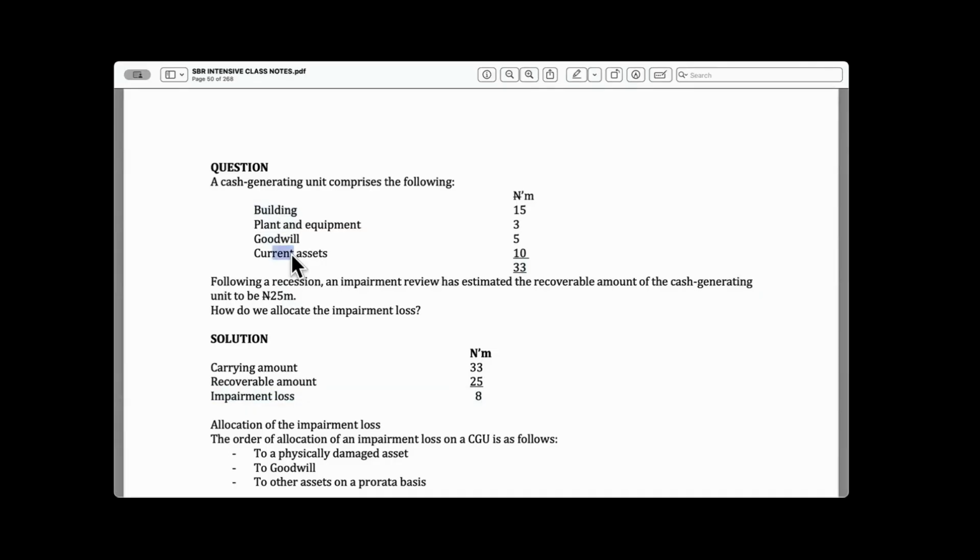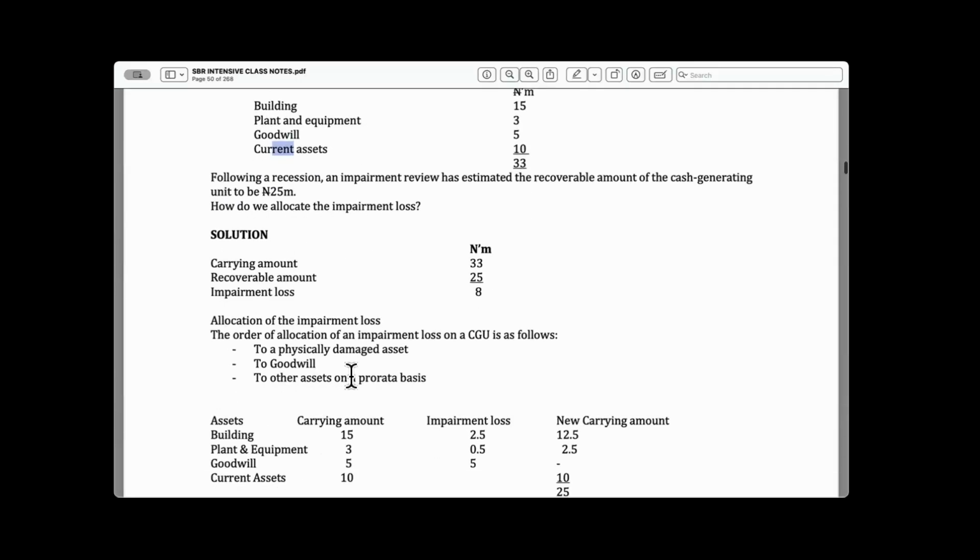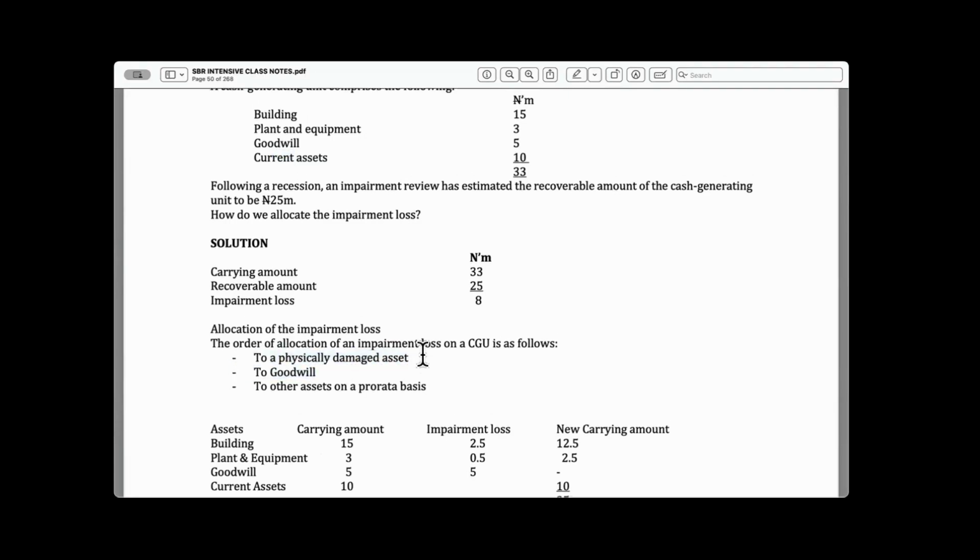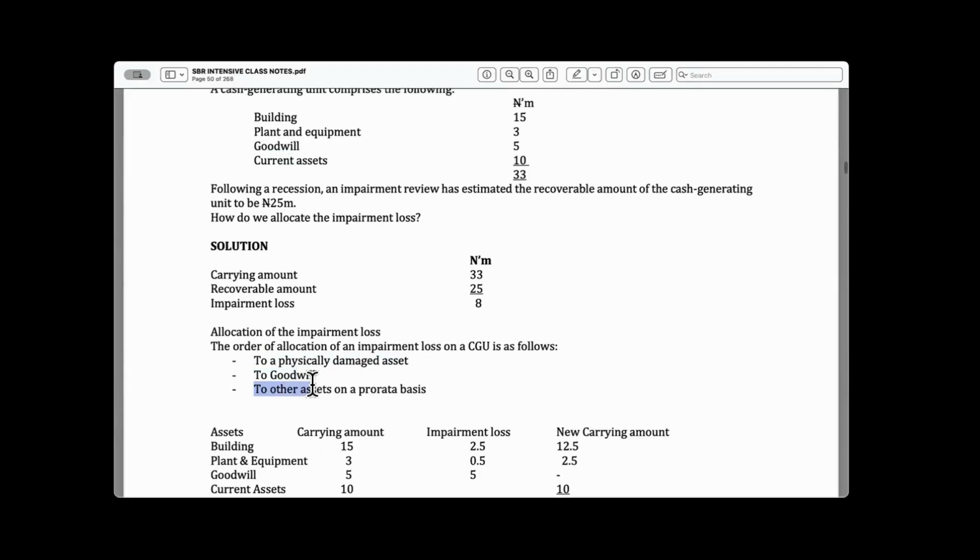How do you then share this 8 million amongst them? IAS 36 gave us the order of sharing. It says that when you have an impairment loss on the CGU, this is how you share it: first to a physically damaged asset, next to goodwill, and next to other assets on a pro rata basis.